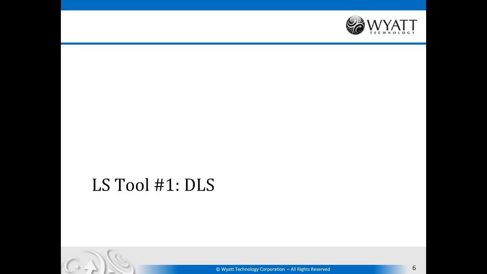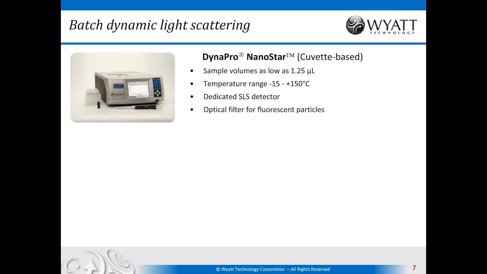So these are the three essential flavors of light scattering, and let's examine what we can do with them. The first light scattering tool will be batch DLS, that is dynamic light scattering without any upstream fractionation. The two instruments that I'll be describing used to measure DLS are, first of all, the Dynapro Nanostar, which is a traditional cuvette-based dynamic light scattering instrument.